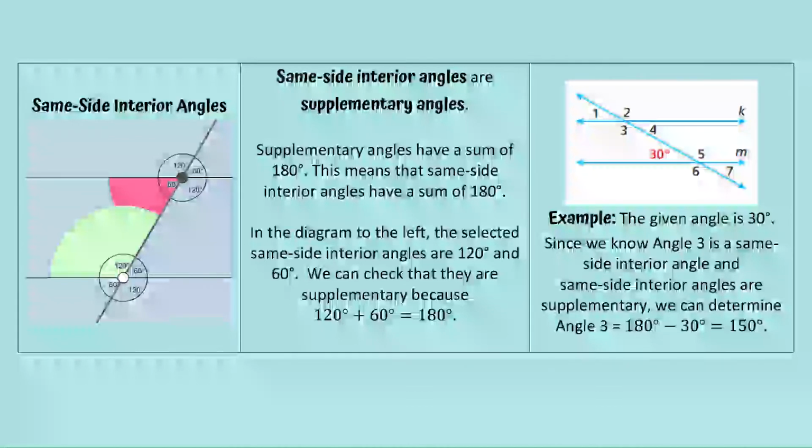Supplementary means when we add them together, we get 180 degrees. So we would say angle 3 plus 30 degrees equals 180 degrees. And you might ask yourself, okay, what plus 30 equals 180? I know 150 plus 30 equals 180. But you could also just solve that by writing an equation. You could say angle 3 is 180 degrees minus 30 degrees. And then you could do the math and find out, yet again, that is 150 degrees.